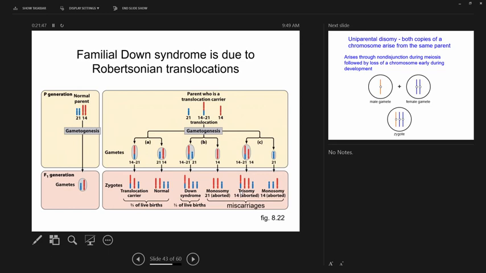So when you get another 14 and another 21, you'll have two 21s plus this, so that's 3. And then the normal 14 goes with the other half of the translocation. So really you are diploid and not aneuploid for 14 here, but you are aneuploid for 21, and these individuals will have Down syndrome.